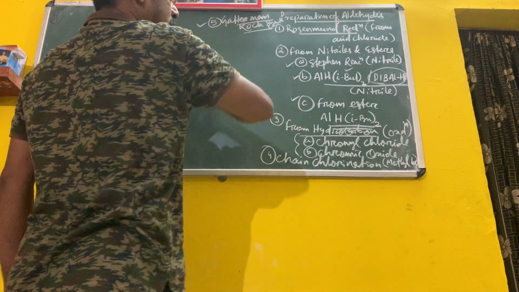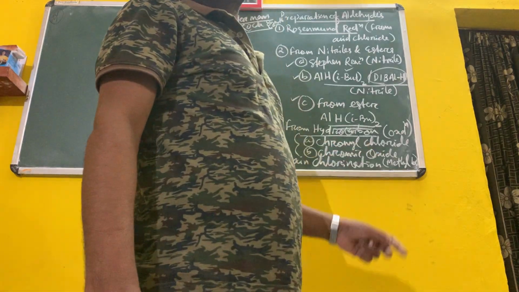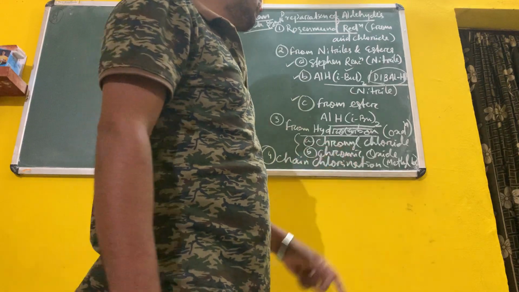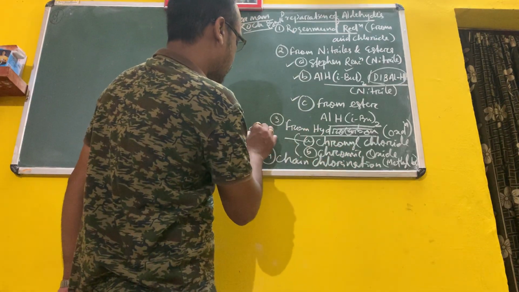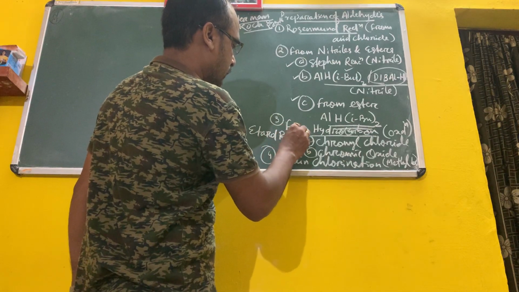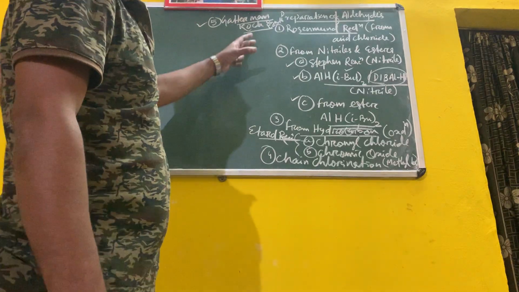But children, the first one, from chromyl chloride, CrO2Cl2, that reaction is known as the Etard reaction. Then we will discuss one after another.